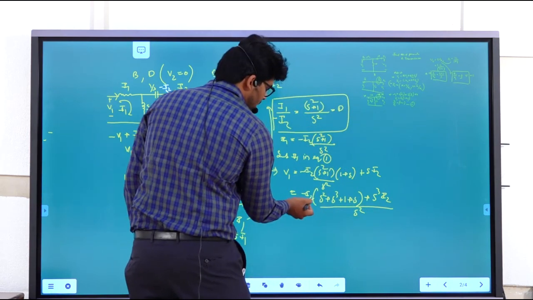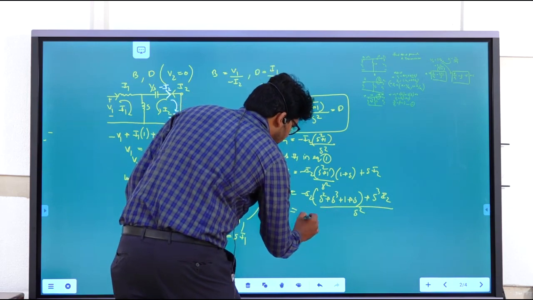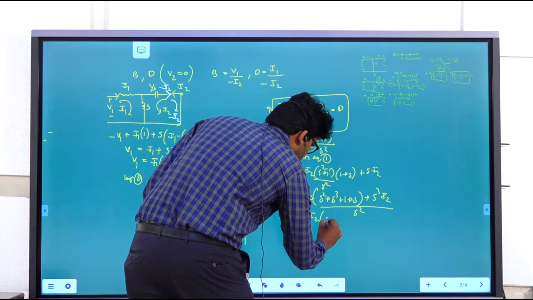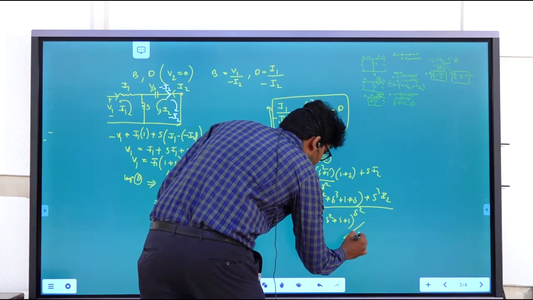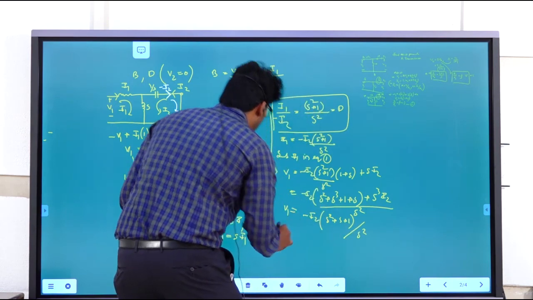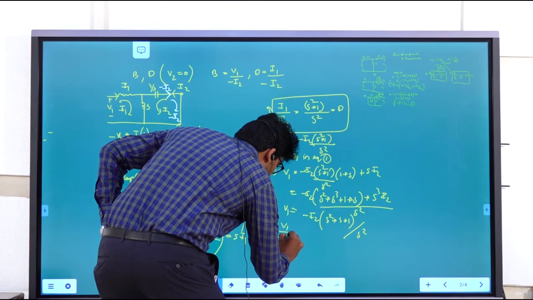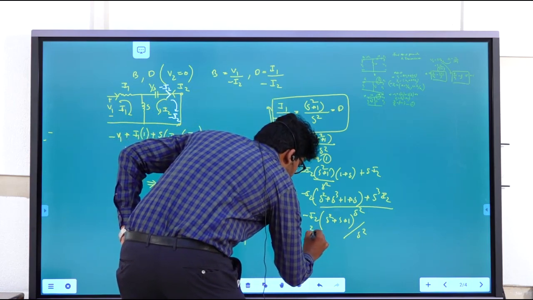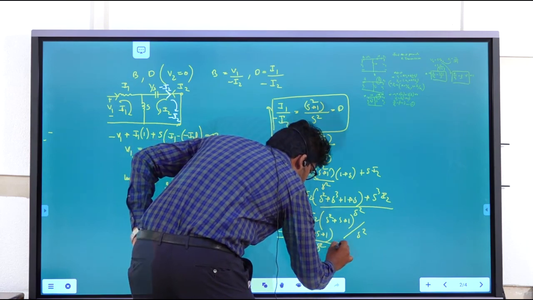So minus I2 S cube and plus I2 S cube will be cancelled. Therefore you will get minus I2 into S square plus S plus 1 by S square. We want V1 by minus I2, therefore V1 by minus I2 equal to S square plus S plus 1 by S square. This is parameter B.